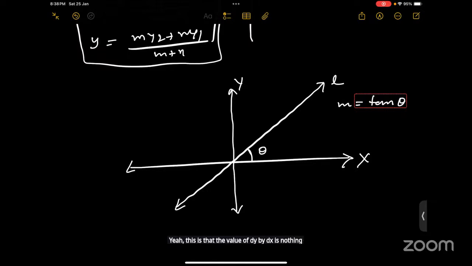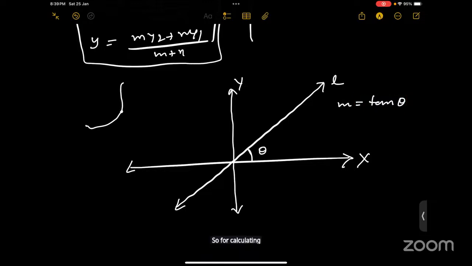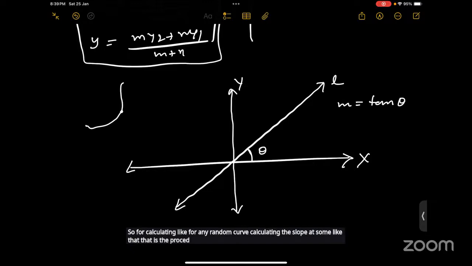You will get this in the 7th or 8th week, maybe, for any curve. For a line, this is pretty simple. But for any random curve, you can also calculate the slope, at some particular point, right?